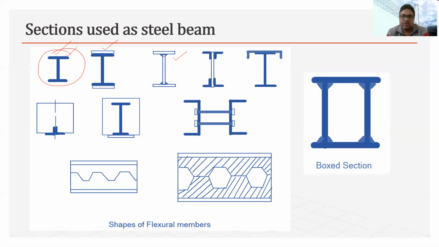In that case, we add the plates by welding in the shape of I. In other cases, we can use angle sections along with the plate. So these two beams become the built-up beam. Similarly, in case of beam, obviously the load will come like this one, and this is basically the transverse load.